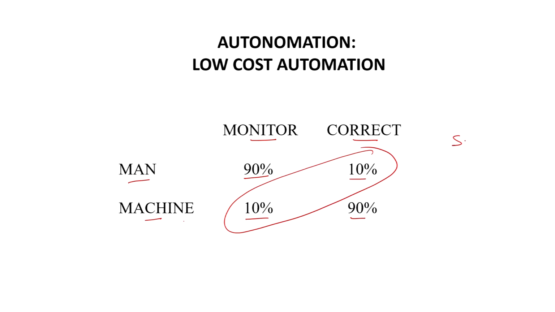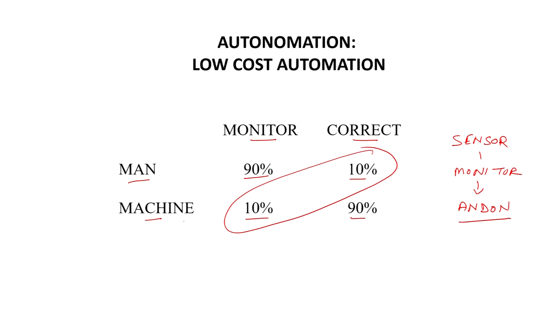So, what will happen? Sensors will be there, they will keep on monitoring. If there is any malfunctioning, any problem, a light signal will glow, the machine will stop and the light signal will glow, which is called andon. Andon is nothing but a visual management.